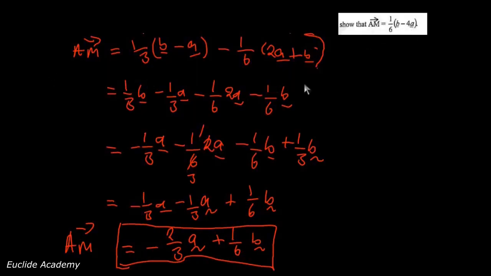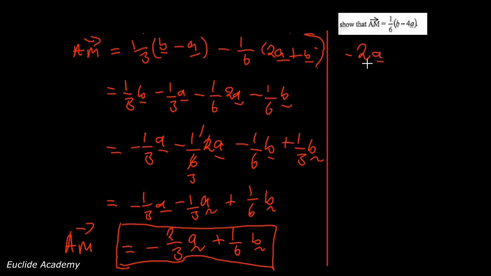So we can add this. I think we can get rid of this part. We can just demarcate this and put it on this side, and then we can say negative 2a over 3, and then this is plus.